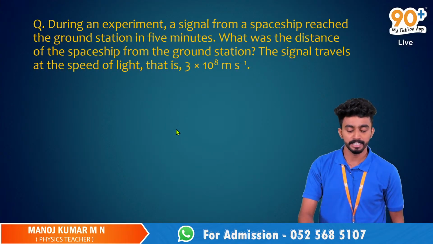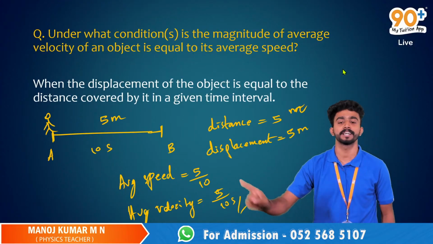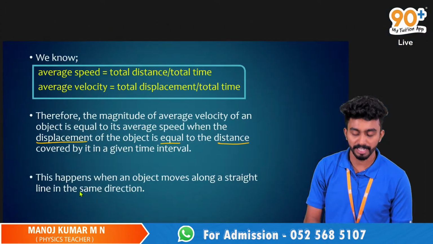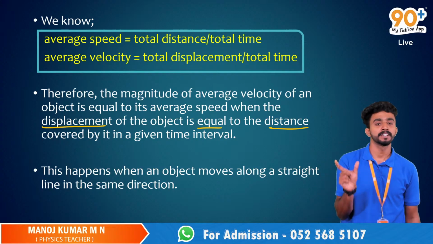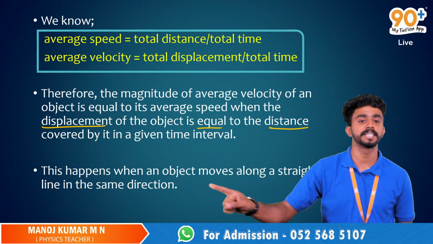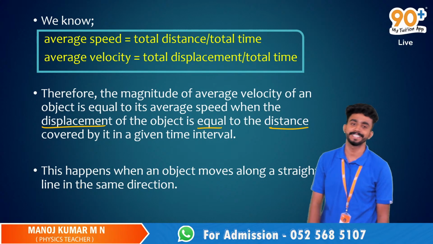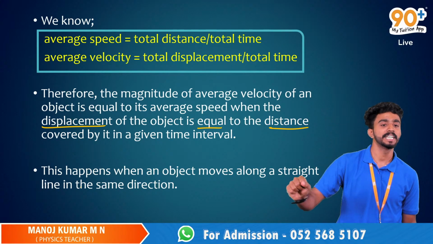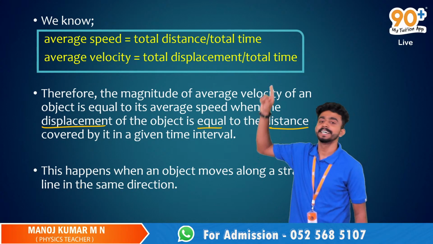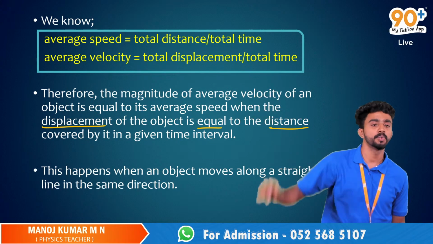When the object is moving in a straight line, the shortest distance will be the displacement. So the displacement and the distance will be equal if the object moves along a straight line in the same direction, and in that case the average velocity and average speed will be the same.